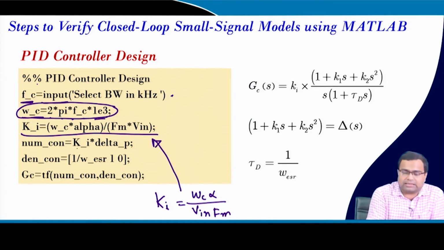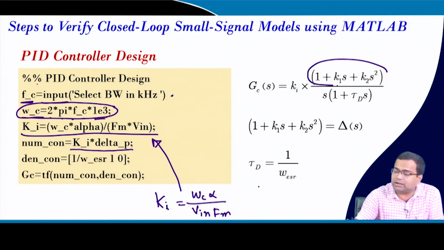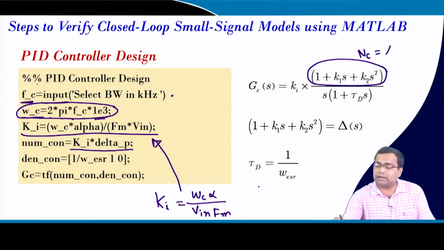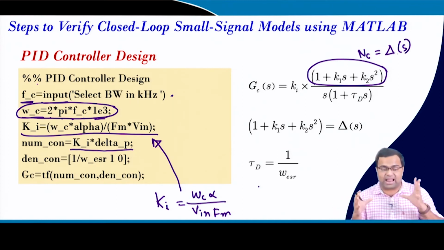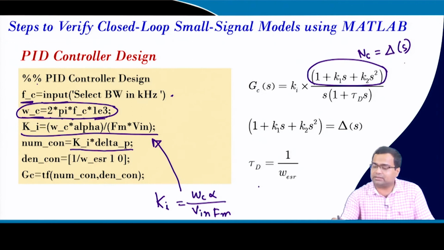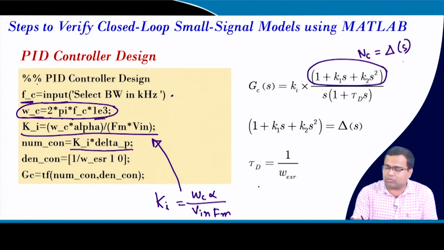Okay. And the numerator coefficient of the controller, what is it? This is the controller numerator, n of c. It is our delta of s, that is the denominator of the plant, which is delta p. So, your overall controller numerator is Ki multiplied by delta s.